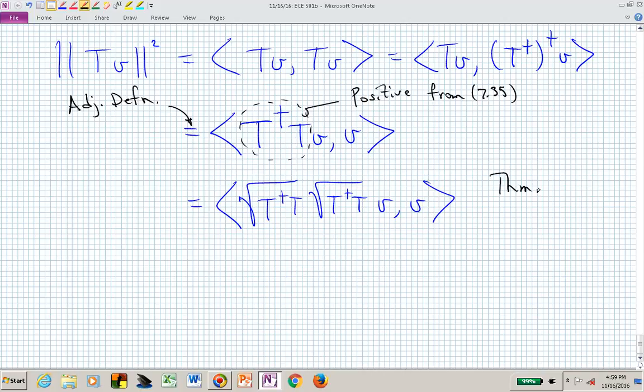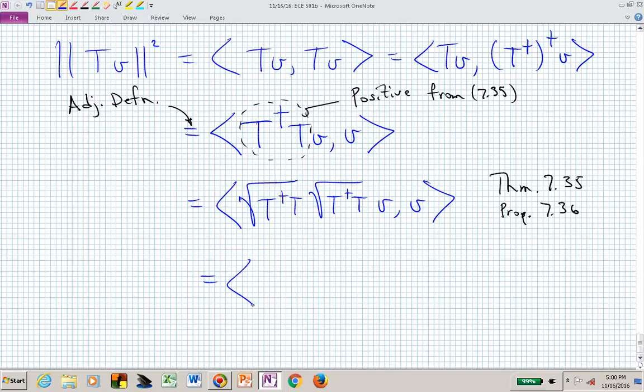This follows then from theorem 35, the previous one dealing with positive operators, and proposition 36, which is this unique square root of a positive operator. But now you can guess what I want to do. Let me kick that from the first slot back over to the second slot, or at least part of it.